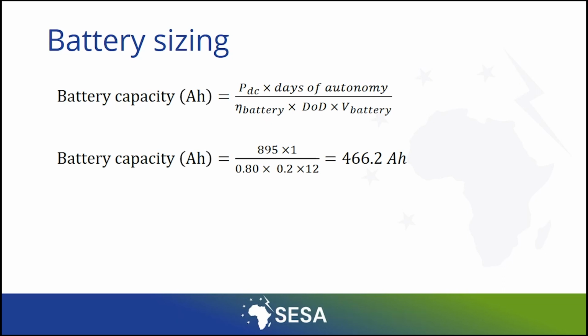To size the battery, the procedure usually is to calculate the total watt hours per day used by the appliances. You also need to consider the days of autonomy, that is the number of days the battery should be able to operate on its own before receiving a charge.